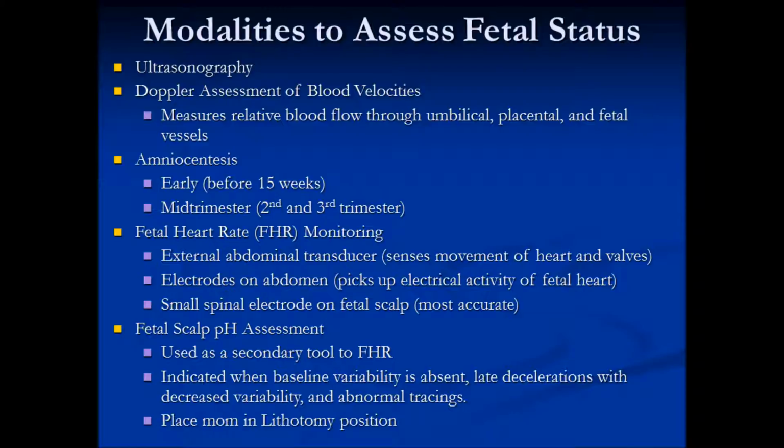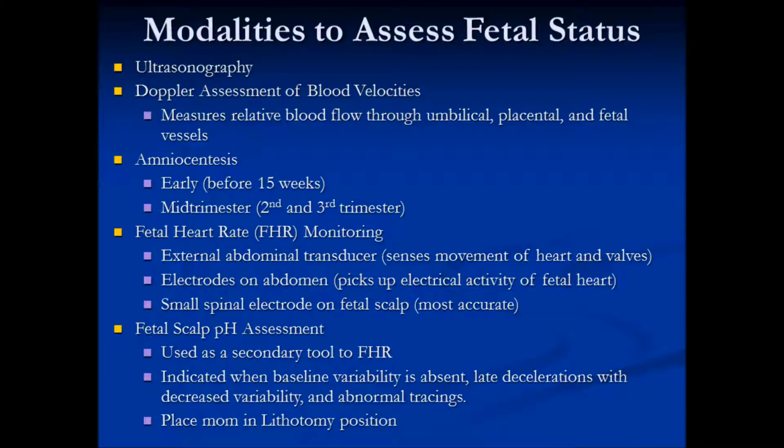When baseline variability is absent, so you don't see that up and down movement of the heart rate, and the baby is decelerating late and then having decreased variability, but they have abnormal tracings on the fetal heart rate monitor.